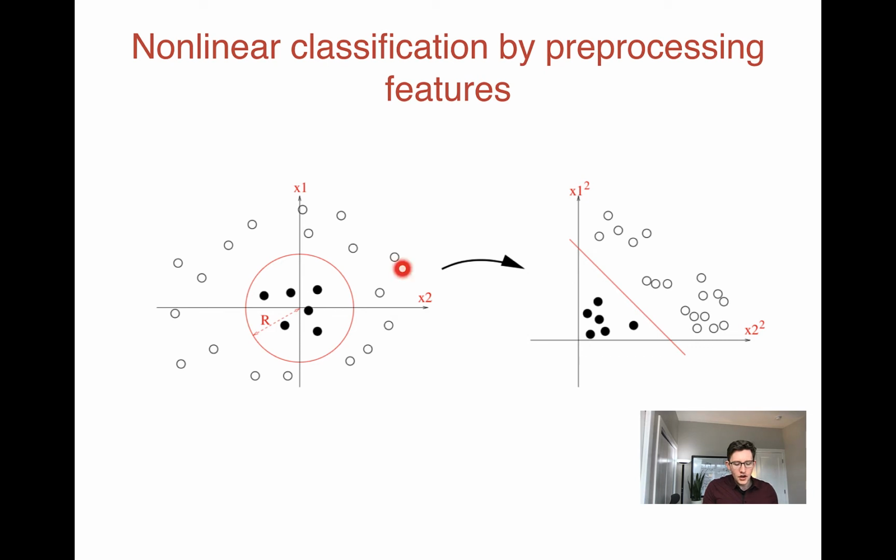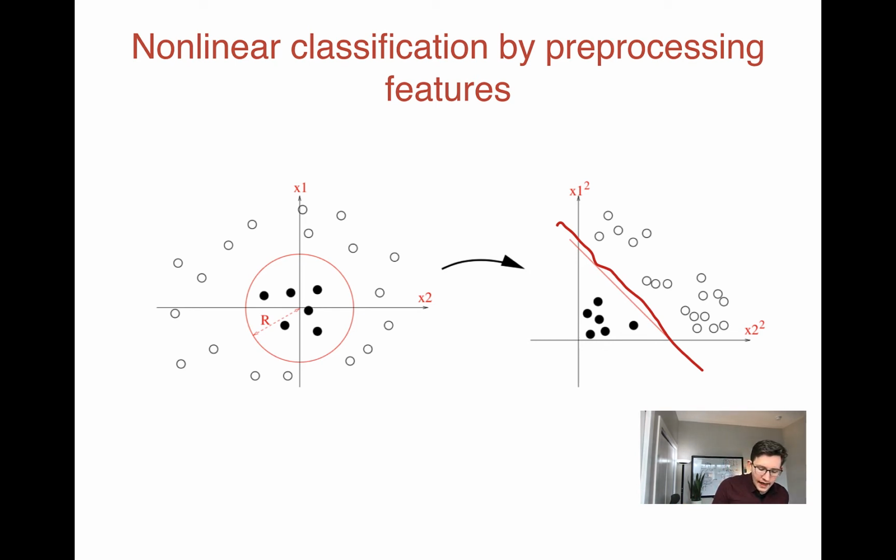It's not too hard to see that these points, now put into this new space, have in fact a linear boundary that separates them. So often the best strategy for classification, even when we know that our decision boundary won't be a linear hyperplane in our initial data space, is instead to pre-process our features to add some additional power to our classifier. So some common ways to do that.